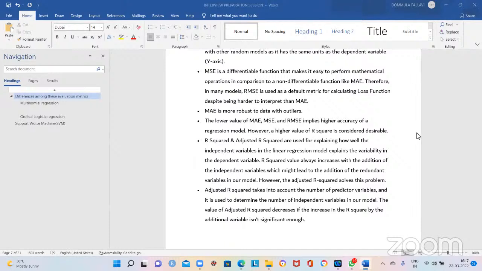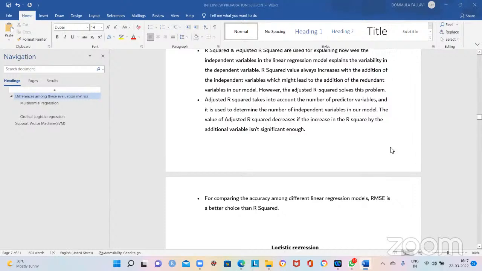Adjusted R squared takes into account the number of predictor variables and is used to determine the number of independent variables in our model. The value of adjusted R square decreases if the increase in R square from the additional variable is not significant enough.